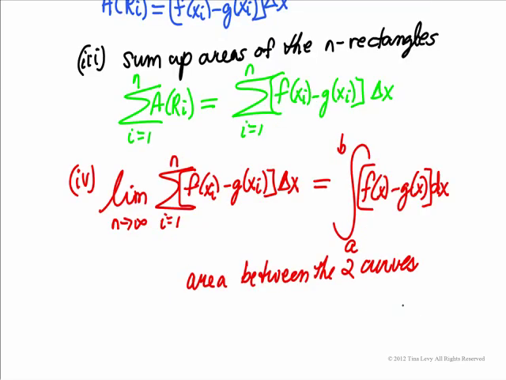Notice we have this formula, where f of x represents the upper curve and g of x is the lower. The typical rectangle will be important because it will tell you from the picture which curve is above and which is below.